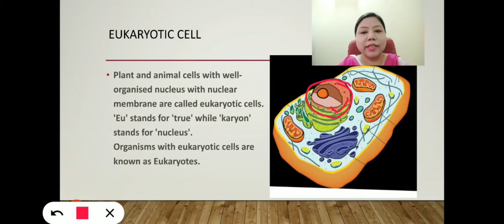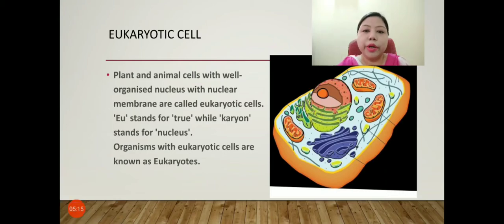That means it has a true nucleus and a well-defined nucleus. The content of the nucleus is enclosed within a membrane called the nuclear membrane. The organisms with eukaryotic cells are known as eukaryotes. So these are the two types of cells found in living bodies, the prokaryotic cell and the eukaryotic cell.